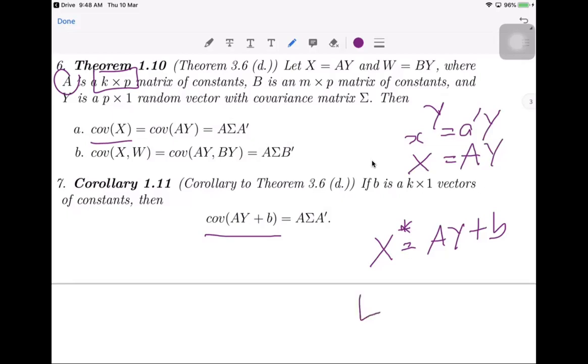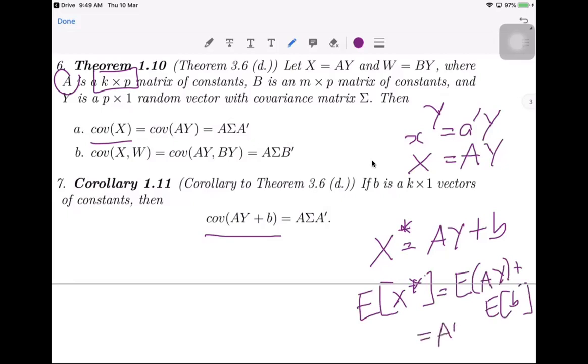So of course the expectation of x star, following the linearity of expectation, will be equal to the expectation of A y plus the expectation of b, which is equal to A times the expectation of y plus the expectation of b, which is just a constant, b. And if the expectation of y is mu, then it is A mu plus b. That's the expectation. In terms of covariance, this is equal to A sigma A prime.